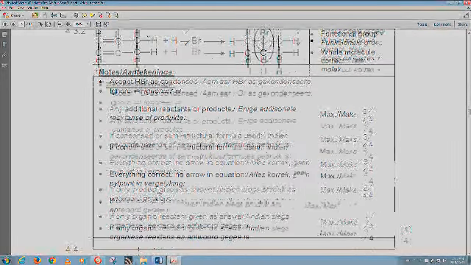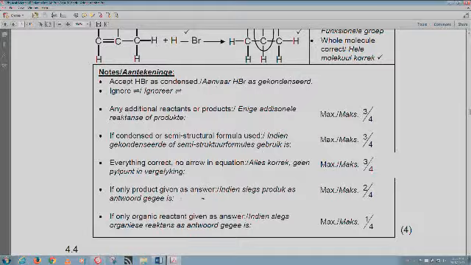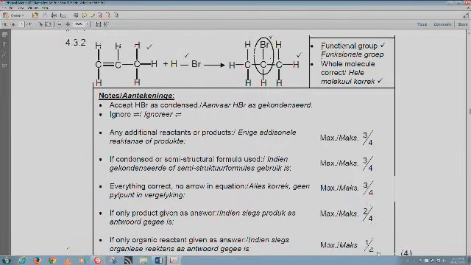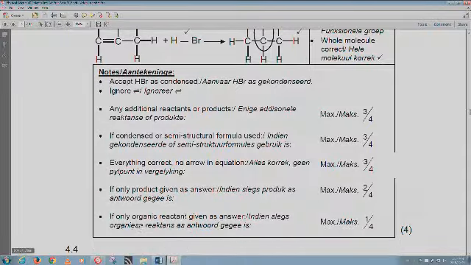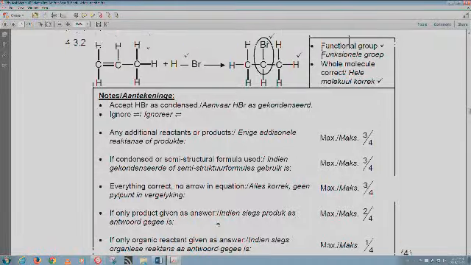And then if only products are given as the answer, then the learner will get a maximum of 2 out of 4, meaning if the Br is correct and the rest of the molecule is correct, the learner can get the 2 marks of the product. And then if only the organic reactant is given, then the learner will get that 1 mark of the organic reactant.